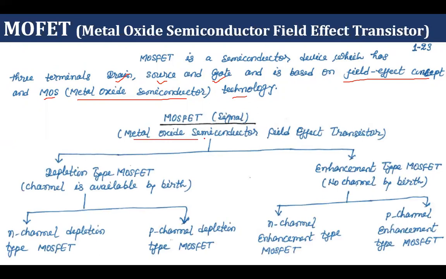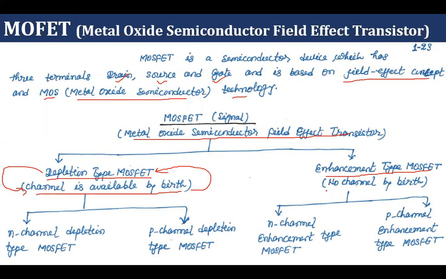MOSFET, metal oxide semiconductor field effect transistor, is basically of two types. One is known as depletion type MOSFET, another is known as enhancement type MOSFET. What is the meaning of depletion? If channel is available by birth, then such MOSFETs are known as depletion type MOSFET.